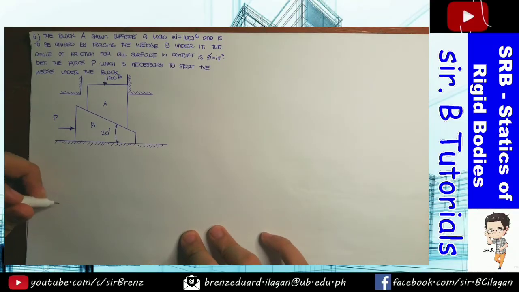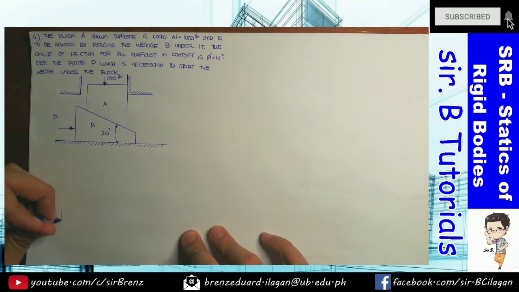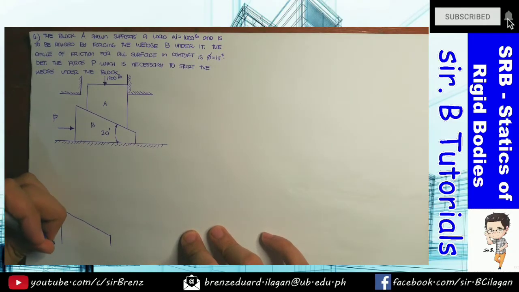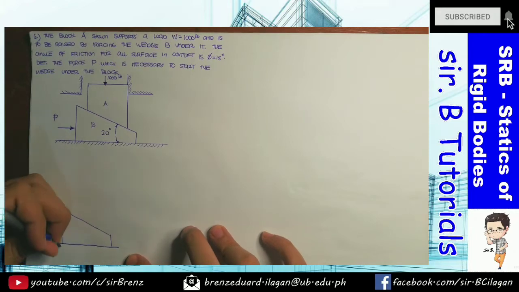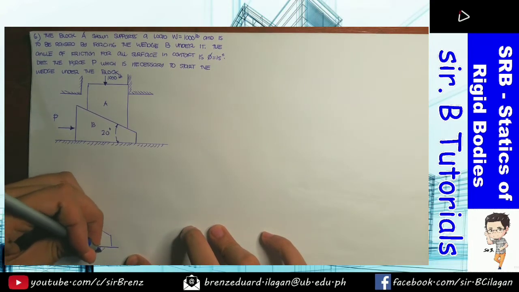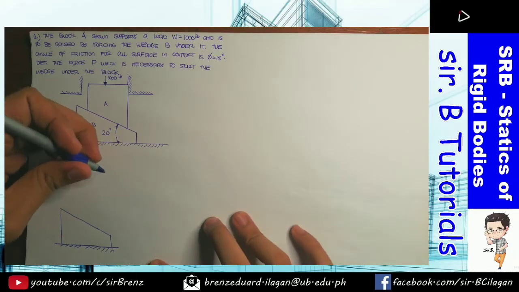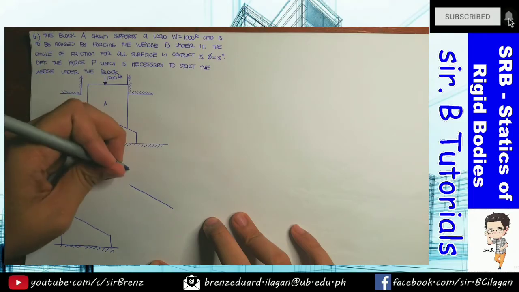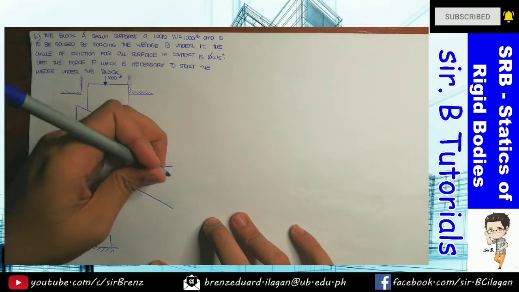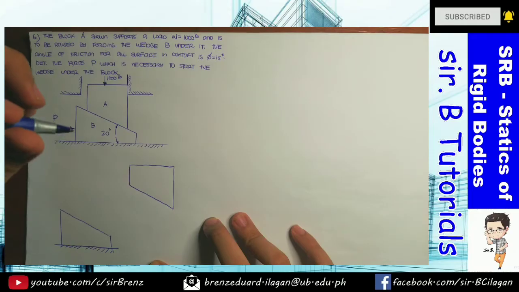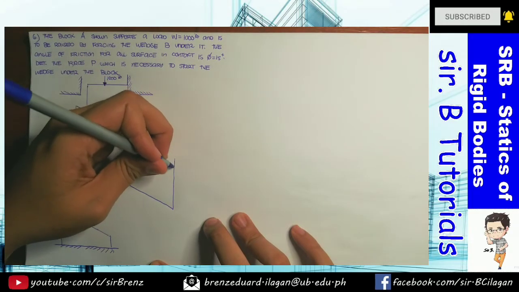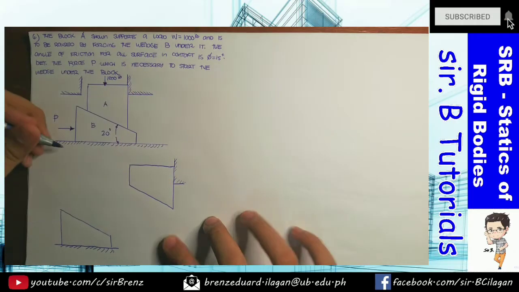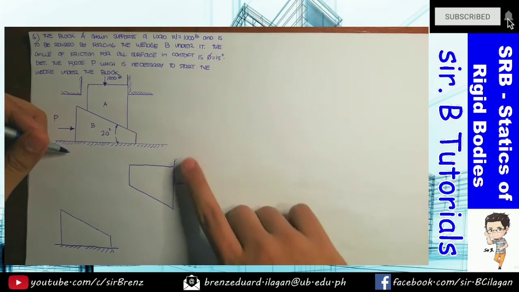So una kong i-drawing si wedge B. Okay, so we have here a wedge B, and dito sa kabila, meron kang wedge A. So may wall dyan kung saan ang tendency niya tataas nga itong wedge na to.